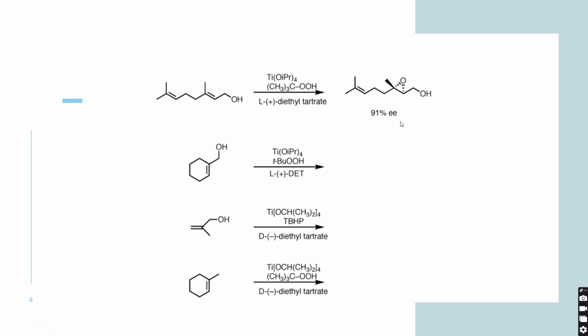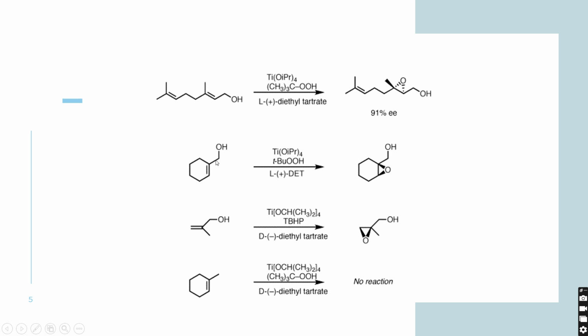Following the same reactivity of plus versus minus diethyl tartrate or DIPT, we can easily tell which products we are going to get in these questions. In this case, our alcohol is not present in the down right, it is present in the upright.